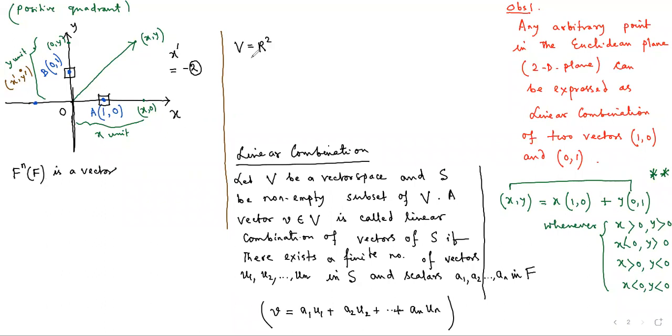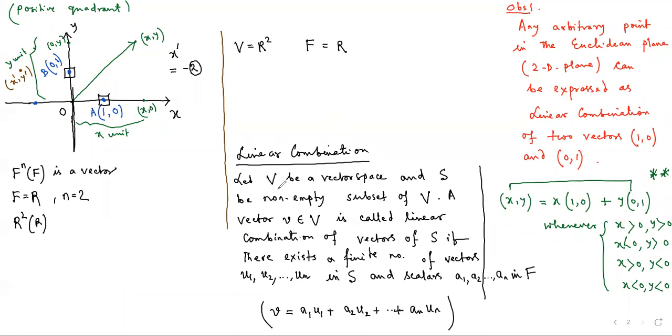R2 is a special case of F^n. Here F has been chosen as R, n has been chosen as 2, and therefore we get R2 over R. So we say that R2 is a vector space over R, and the field on which R2 is defined is R.